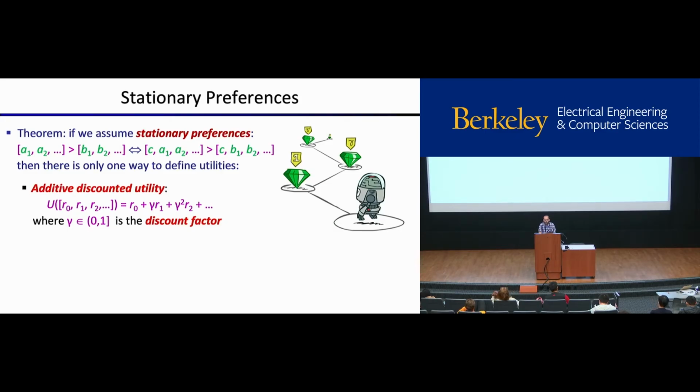So if you're considering some sequence of outcomes, like you drive to San Francisco, you go down Lombard Street, and then you get an ice cream, versus you drive to Marin, you go to Muir Woods, you'll prefer one to the other of those.